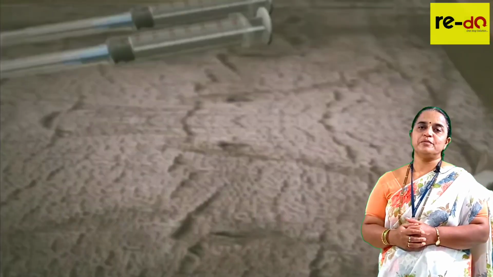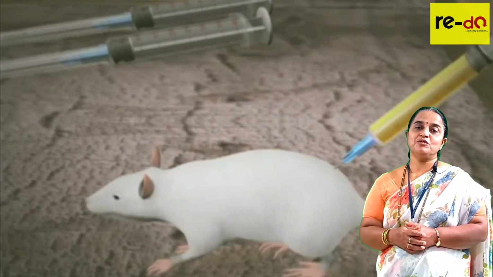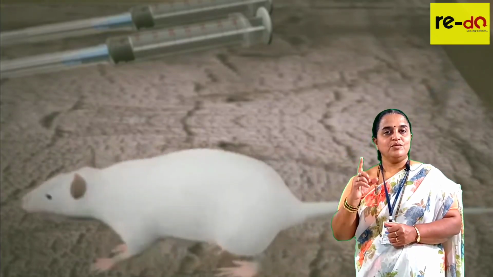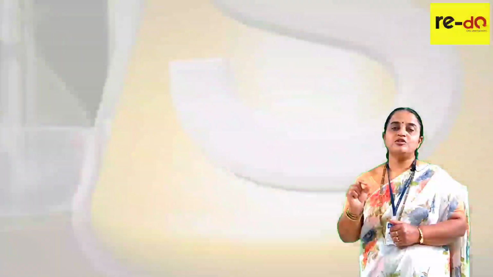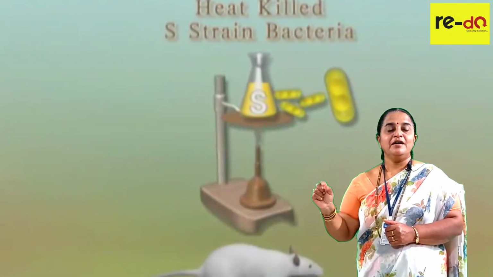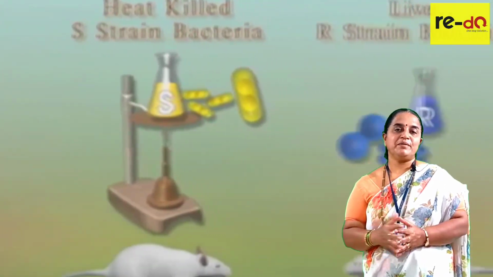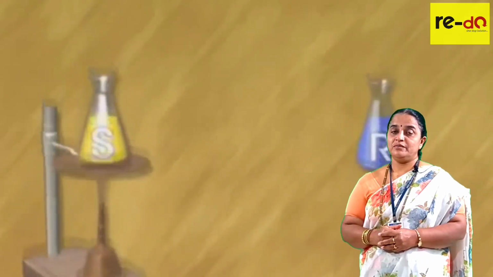And he observed the third group of mice injected with attenuated smooth bacteria were absolutely normal. So he concluded that we can kill the pathogenicity of bacteria by treating them with certain grades of temperature. He made a fourth experiment now.